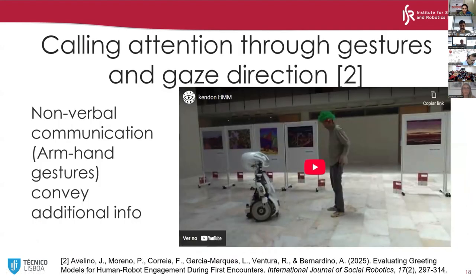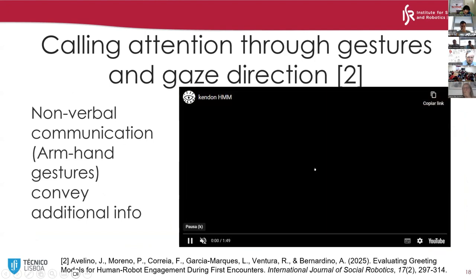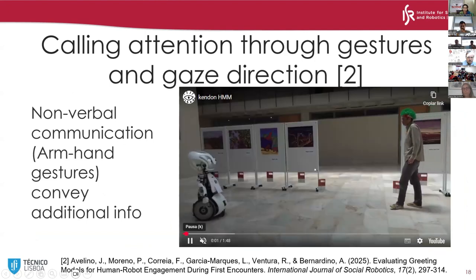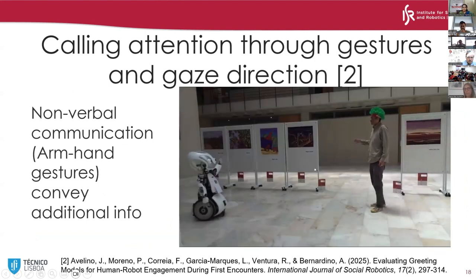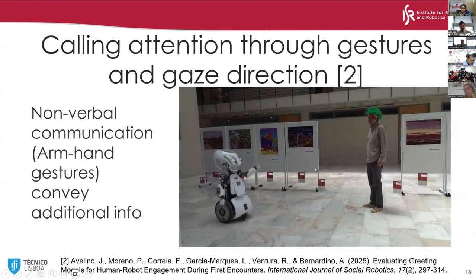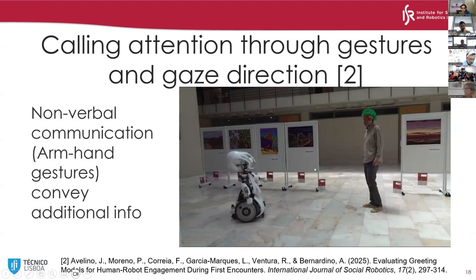Then, when we are trying to engage in interaction, in addition to gaze, we want to use other nonverbal cues, such as arm gestures and hand gestures, which convey additional information. In the video, the robot looks in the direction of the person's gaze, and then executes a waving motion to engage in interaction.